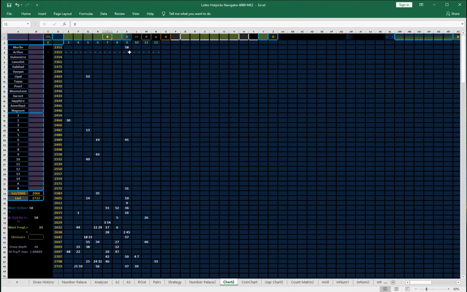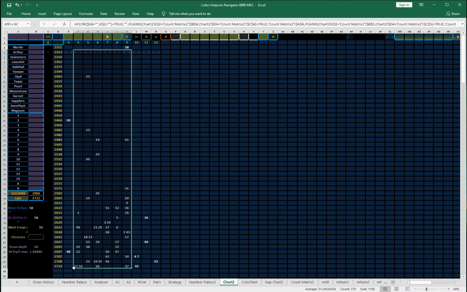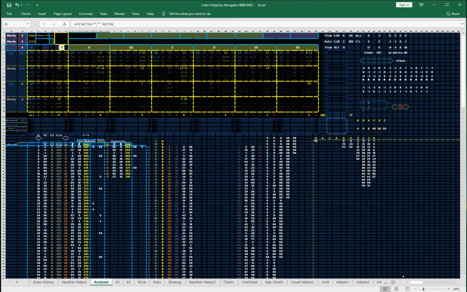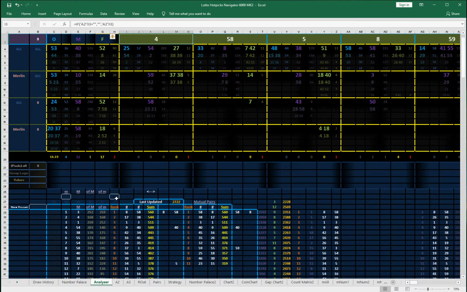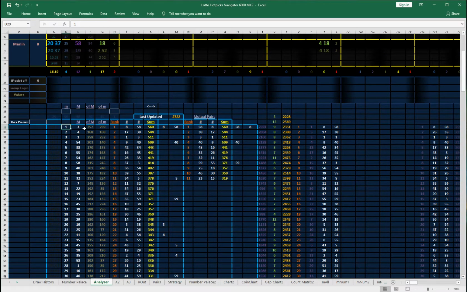And on this one, there you can see 58 has got the largest area. So if we look at this list on the analyzer, then you can see each number has got a number paired with it, which is whichever number is most overdue for its frequency on that number's chart. So on 8's chart, you can see it's 58.